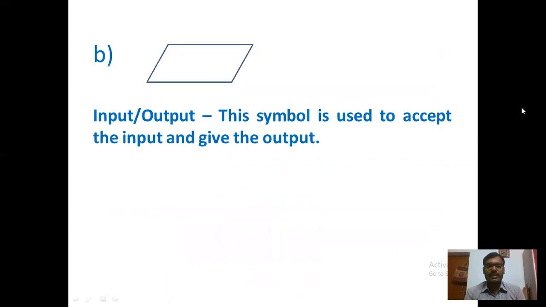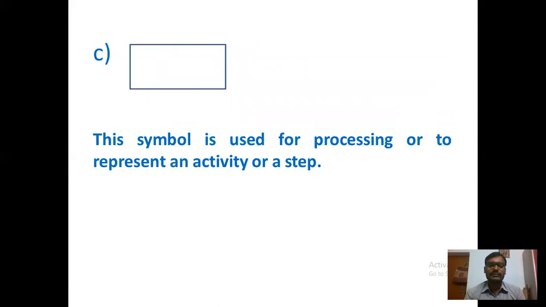Next symbol is in the form of a parallelogram. It is known as the input or output symbol. This symbol is used to accept the input and give the output. Now this symbol is the processing symbol, which represents an activity or a step in your program.